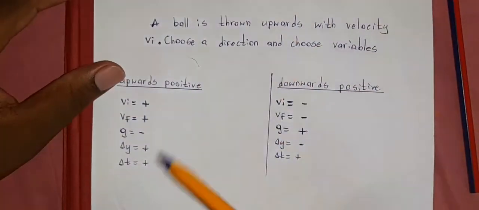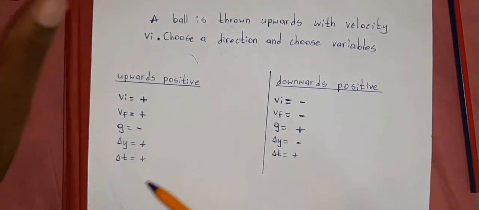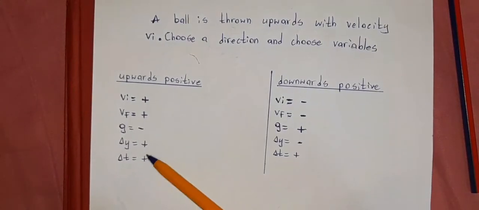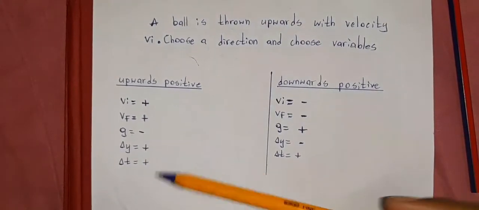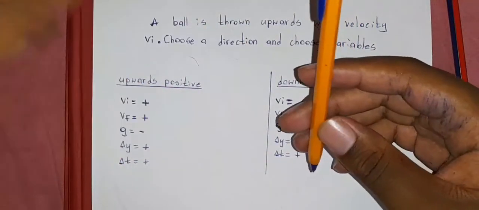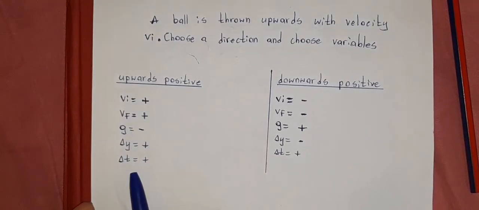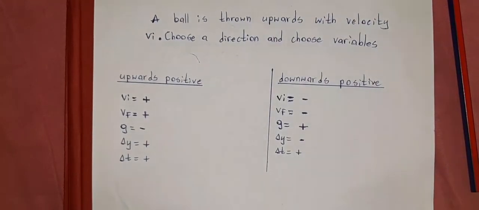And we have a change in y, which we call a displacement. The displacement will be positive because the projectile is going up and the displacement is also up. So it becomes positive. The change in time is always positive. We can never have a negative time, because a negative time tells us that we can go back in time, which we wish to do, but we cannot do.